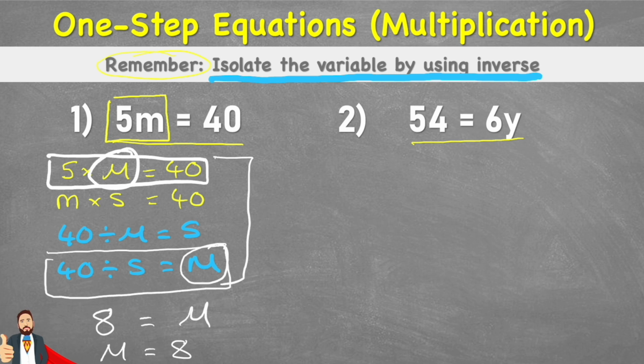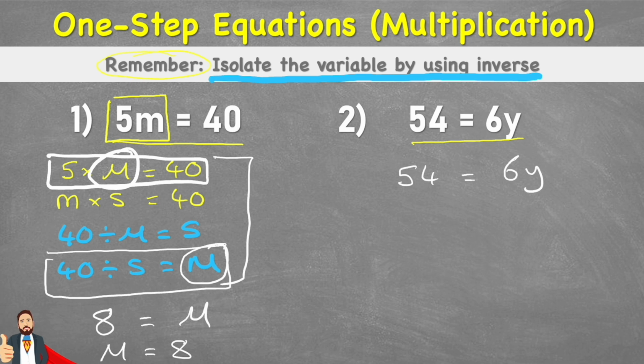So that's the first way of solving it, using number families, but that can be a little bit hard to see sometimes, and it takes a little bit of time. So let's look at our express method. We can also use the inverse in a slightly different way. Looking at this second example, I have 54 on one side, and I have the equals in the middle, and 6y, which basically means 6 times y, on the other side.